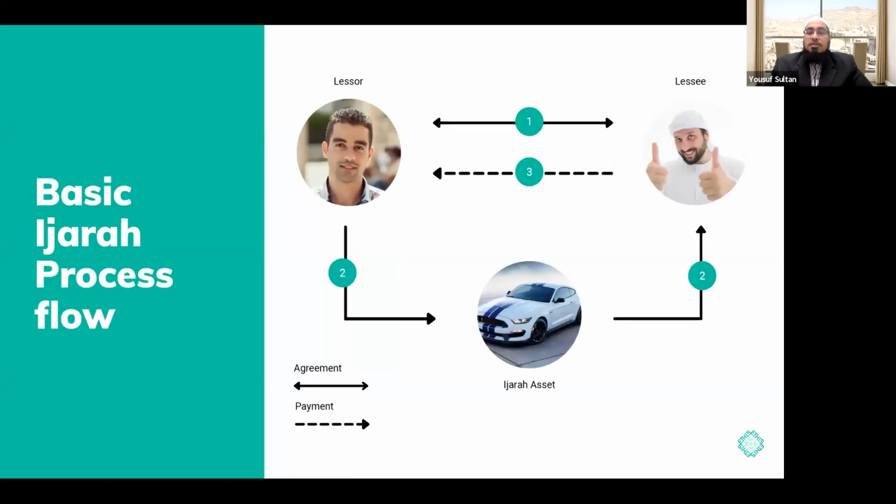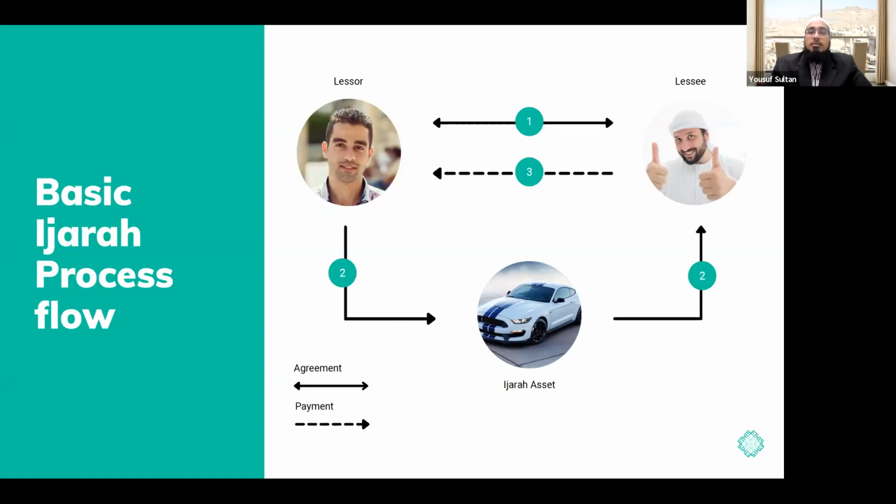Okay, so let's go through a very basic process flow of ijara, how it works. I tried to make it very simple. In the very first place, there is an agreement between the lessor and the lessee. The lessor is the person who is leasing out his asset, and the lessee is the one who is taking the lease.